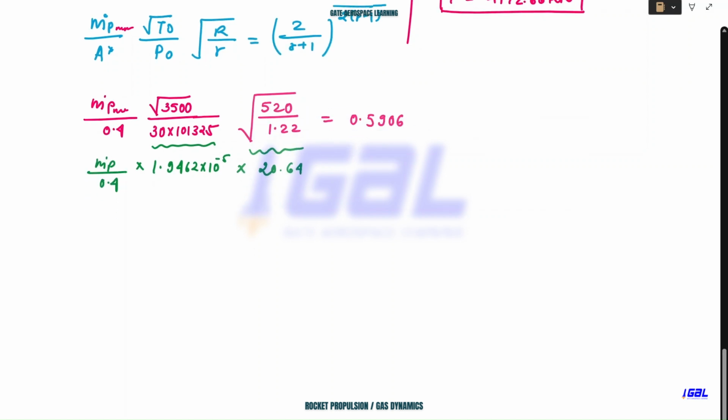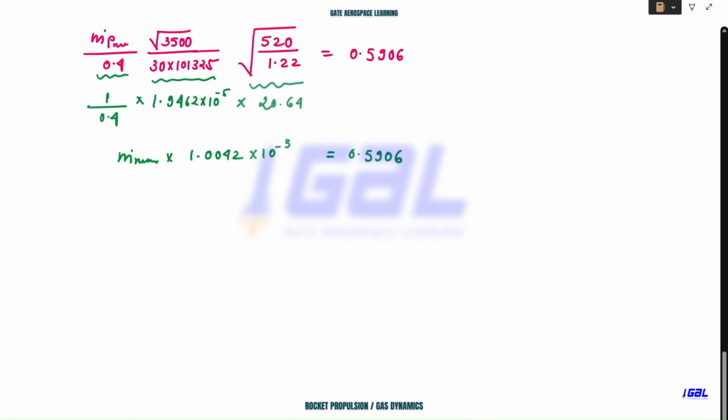You simplify this whole expression, and you will be getting m dot max multiplied by 1.0042 into 10 to the power minus 3. You take this into the denominator, and m dot p max will become, yes, I got this as 588.09 kg per second.